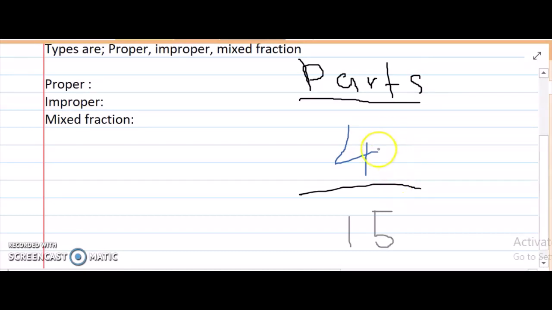Now, the denominator and numerator are quite easy. Basically the 4 is the numerator, I'm just going to put it as NUM, and 15 is the denominator. Now this is a proper fraction because 4 is smaller than the denominator 15. I'm just going to put denominator D.